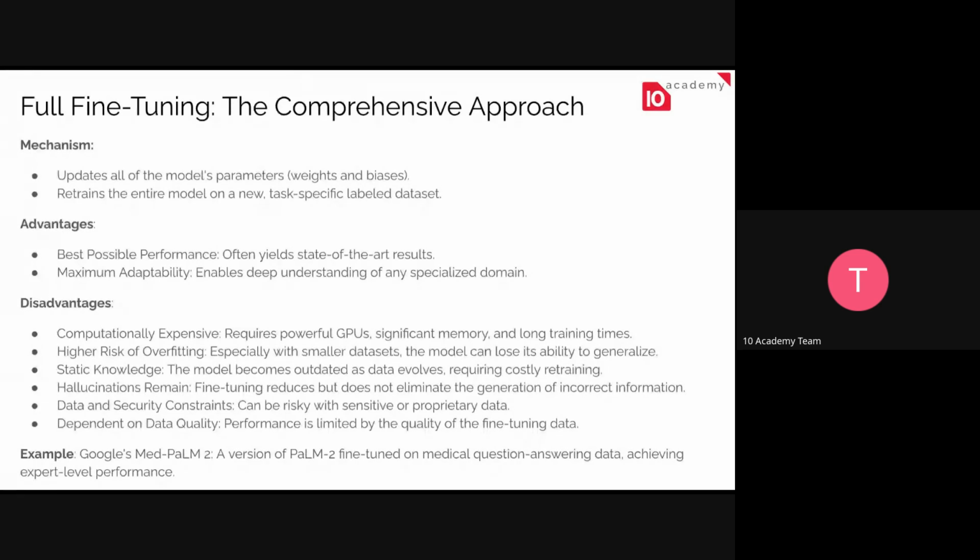Then data and security constraints: it can be risky and sensitive to have this data, and it's dependent on data quality, because if your data is not good, the performance is directly related to it. So it has a lot of advantages, but it also has these disadvantages.